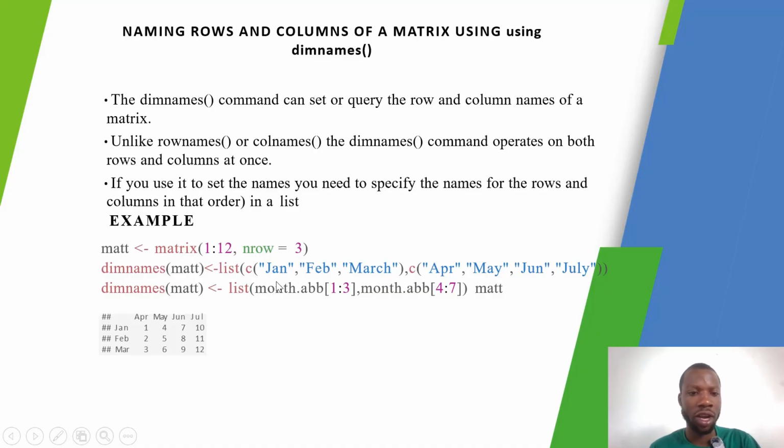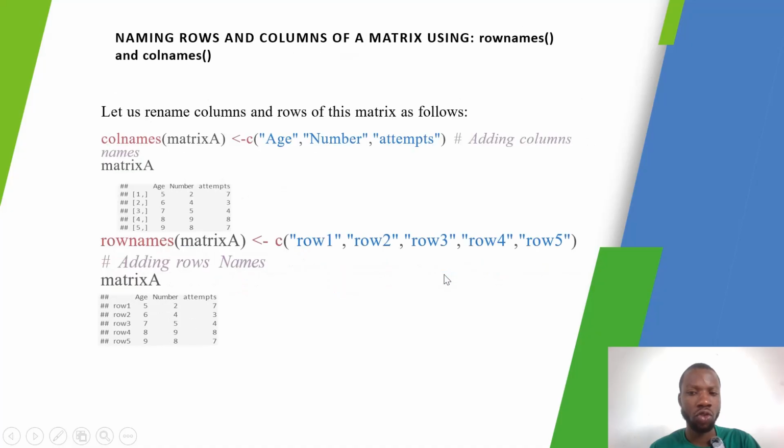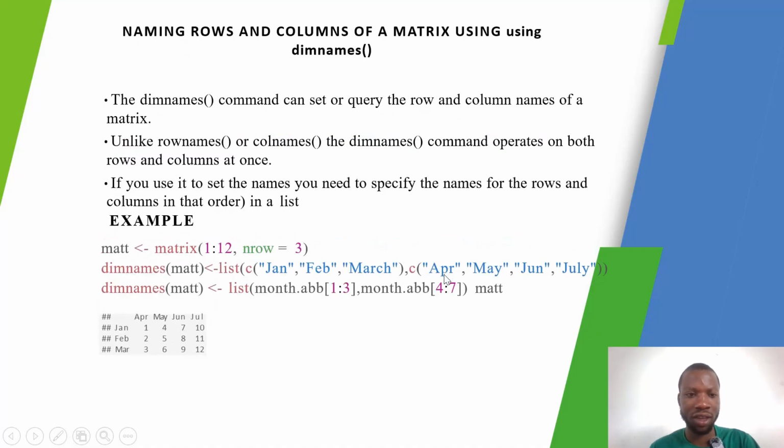The only difference is that with dimnames you can do it at the same time. We are going to see it in practice. You can create the labels on the rows and the columns at the same time.